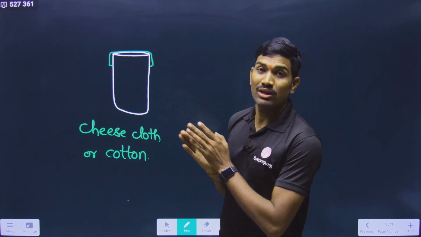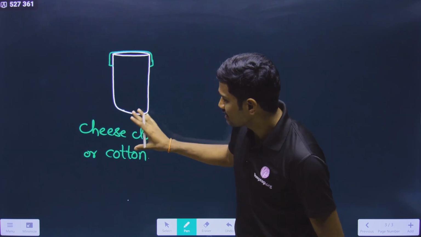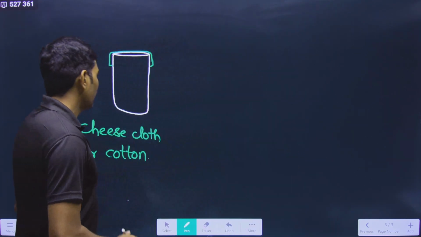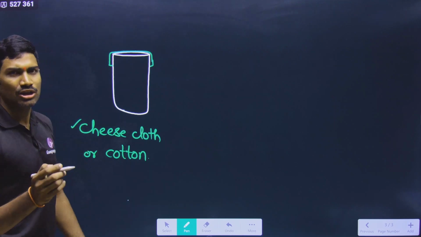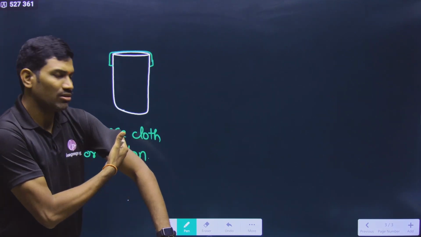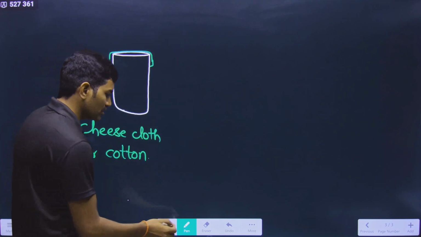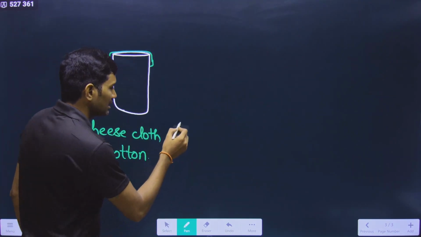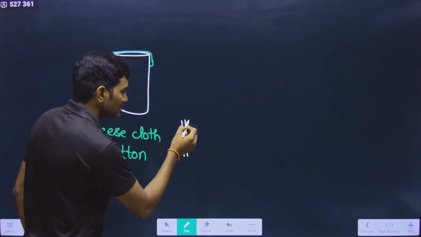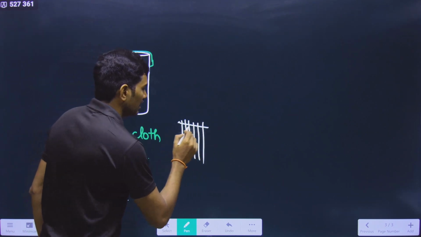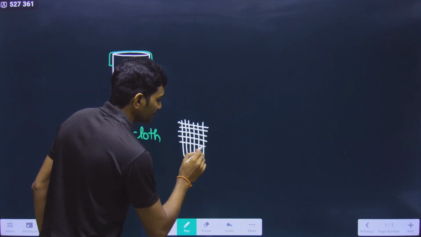Before directly going into the concept, first I will tell you what is the significance of this particular cheesecloth or cotton. Let us see. For our understanding purpose, let us take a cloth. If you keep it against the light, what will you observe? You can clearly see that in the cloth there are some threads like this, and there are some threads like this.